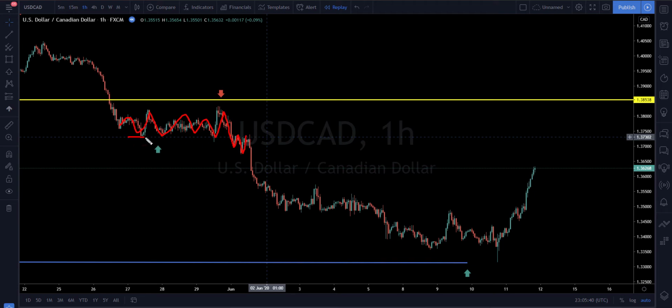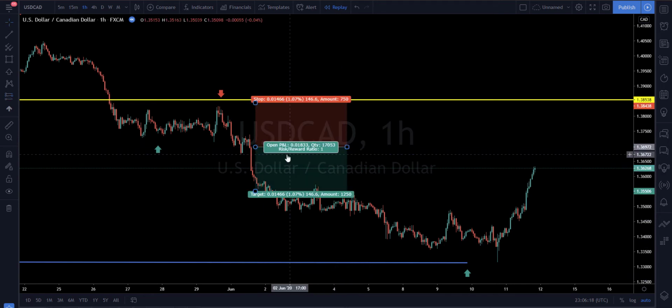So here we have our support that's been broken, and then obviously it becomes resistance, and then from there on we have this nice strong run down. So our entry point would be roughly around this area where the run started. That's how you determine where exactly to enter.